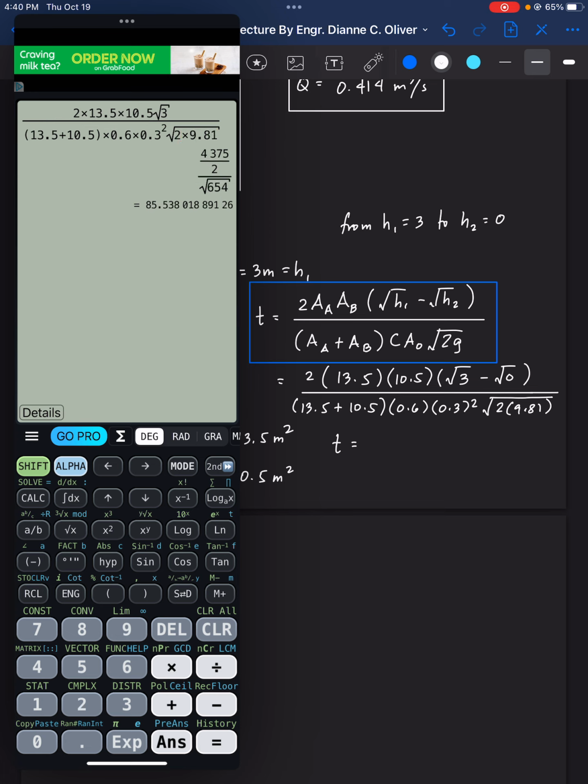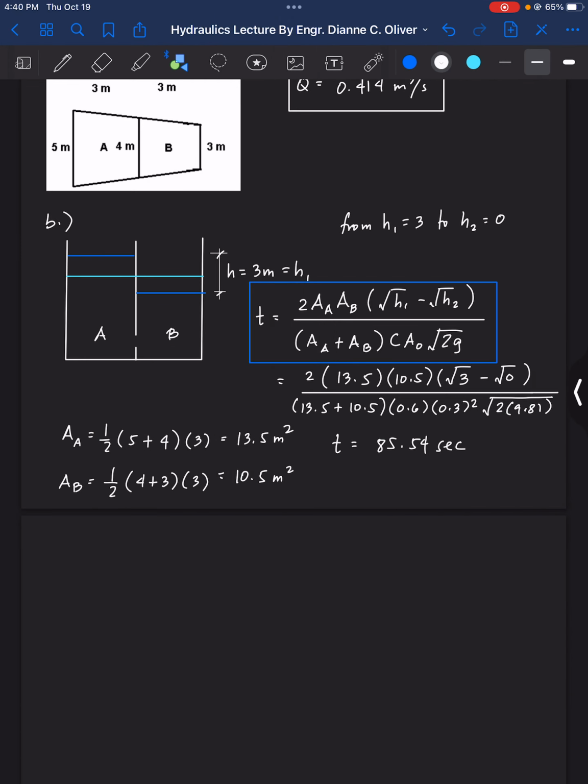So 85.54 seconds. That's when their elevation becomes equal.